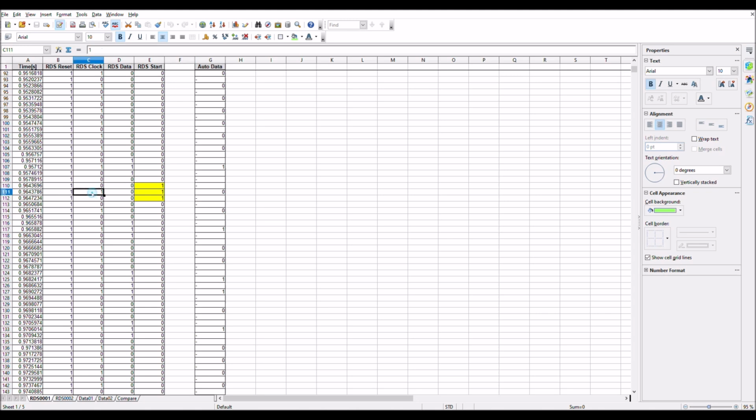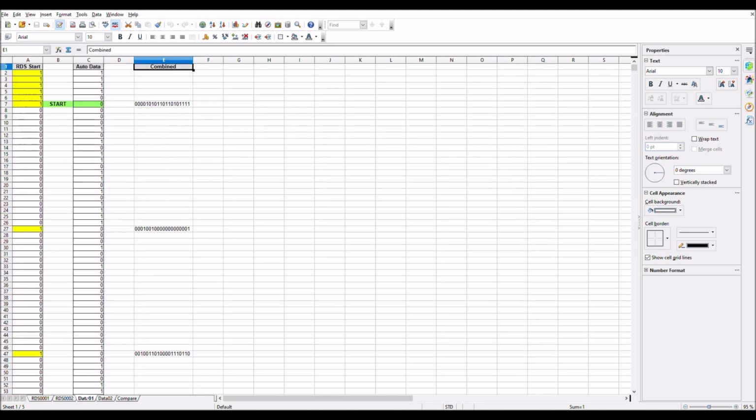So I made a formula that gets every single pulse after the RDS start to see what the data is. So I combined all the strings next to each other, and then you have 20 pulses after every RDS start signal.